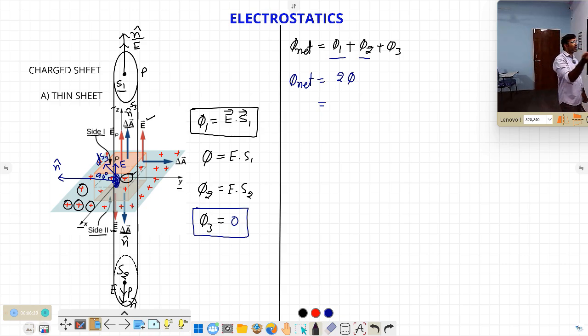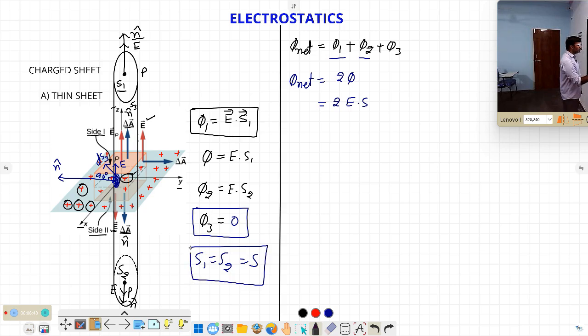So 2 into phi, where phi is the flux, and the formula is E into S. Because here S1 is equal to S2 is equal to S, the same area above and below, because we have taken the same Gaussian surface pipe. That's why the upper area and below area are both the same. I can take it as S, so I can write E into S. And also, the same single charge is producing the electric field on both the sides.